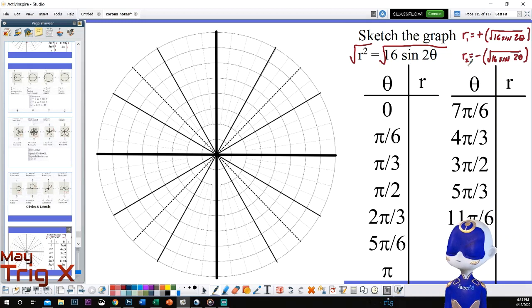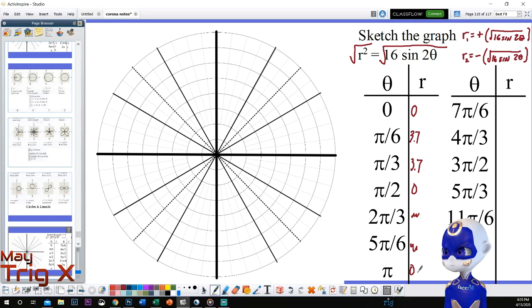So hit second table, and this time you're going to have two different R values depending on which one of these functions you're doing. So 0 goes with 0 for the first one, and then 3.7, 3.7, 0. Then you're going to have an error here and here, and then pi is going to be 0.